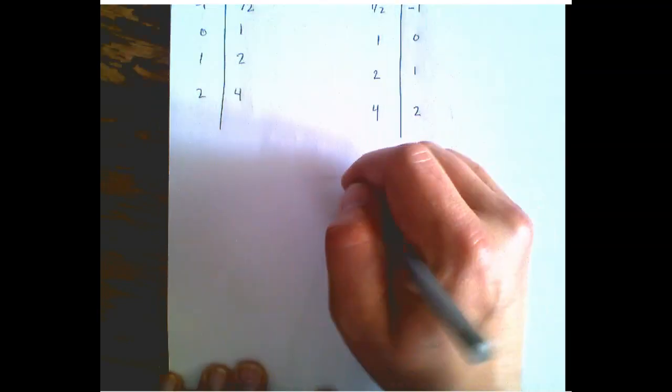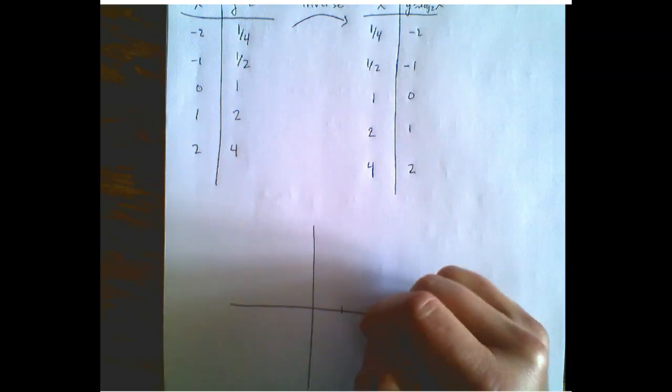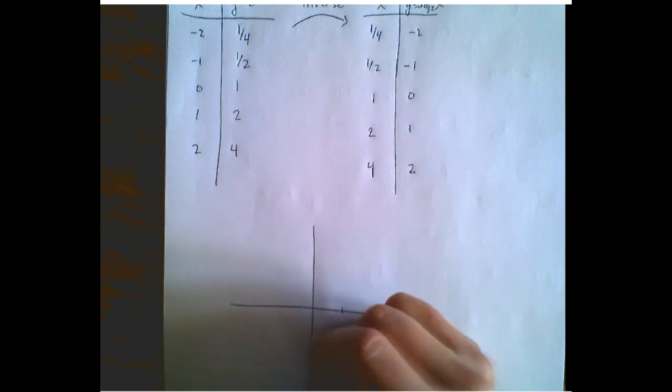So let's graph those points. All right, so looks like our x's are all positives. So let's say 1, 2, 3, 4. And then our y's are both positive and negative. So -1, -2, 1, 2.